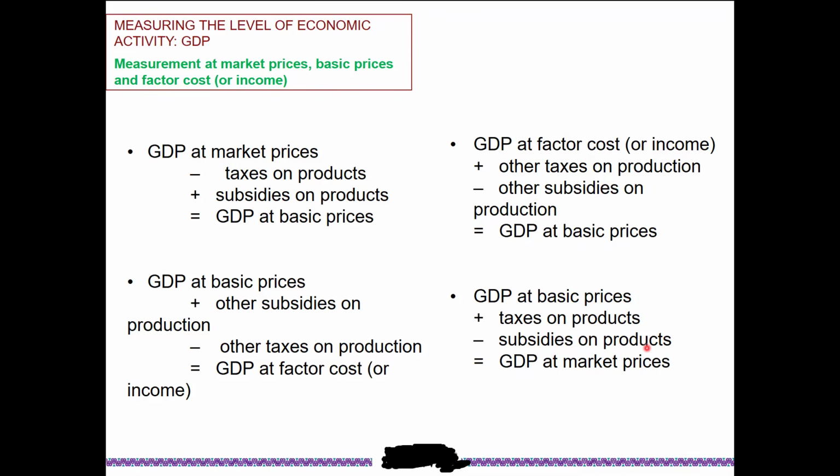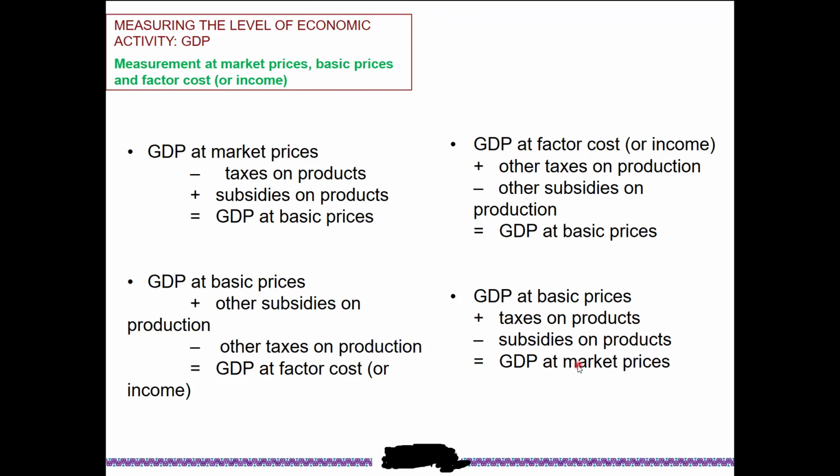Remember, government can subsidize some of the products such as bread. You find out the price we're supposed to pay for bread is not the price that we're actually paying. The government is also paying some amount, right? That is a subsidy on products, plus taxes on products, obviously. And then you get what? GDP at market price. Now, this is the price that me and you, when we get to the shop, are going to pay, right?